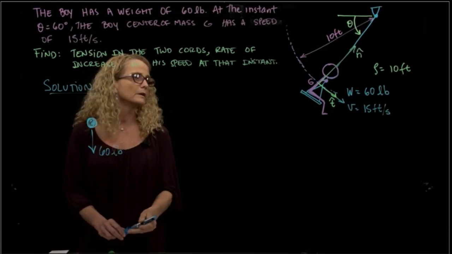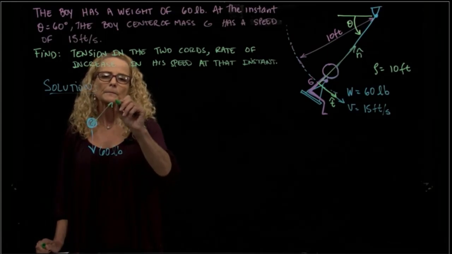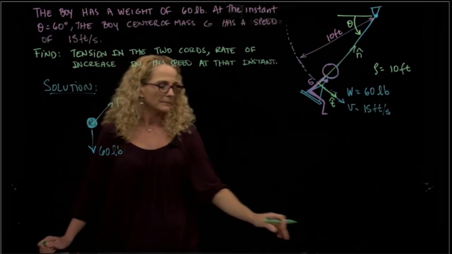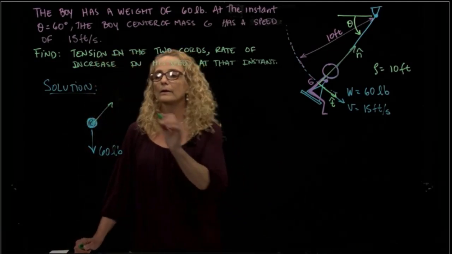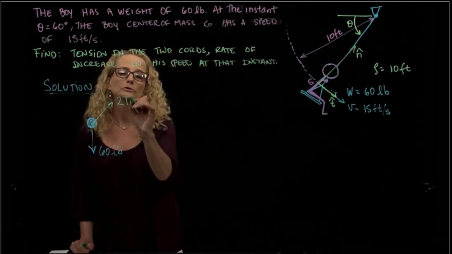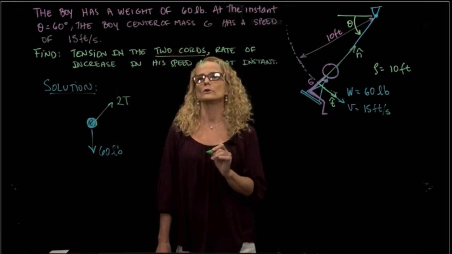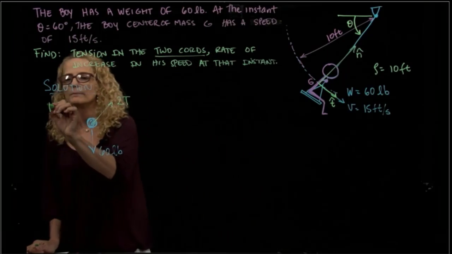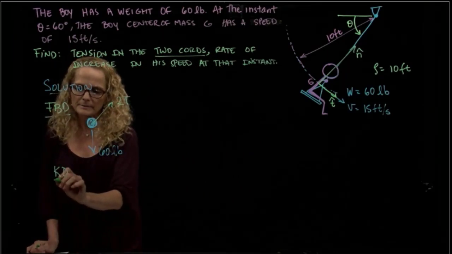And then I have the tension of the cord. Actually, instead of drawing only one cord, I'm going to write two tensions, because we are asked to find the tension of the two cords. So this is the free body diagram, and we have to draw the kinetic diagram as well.